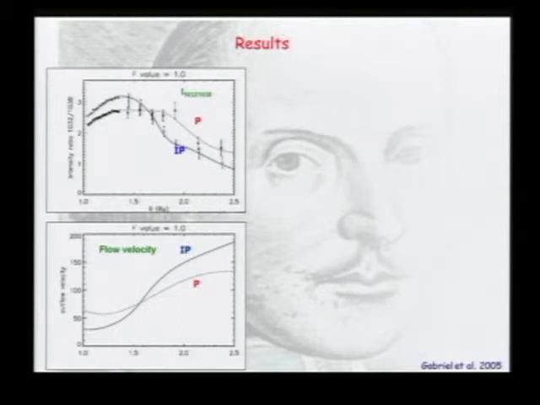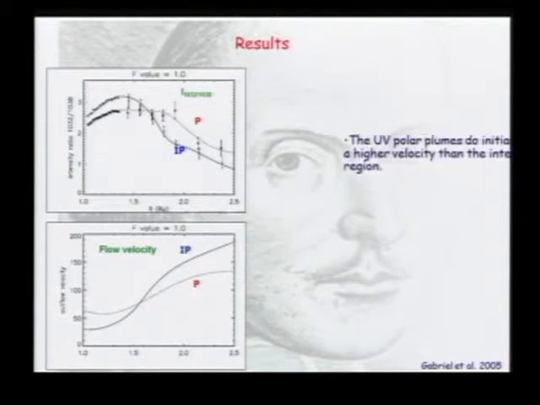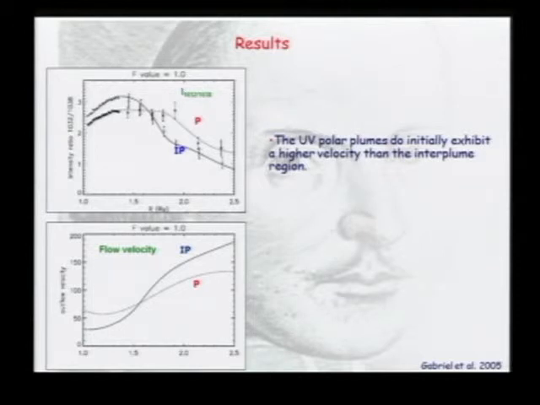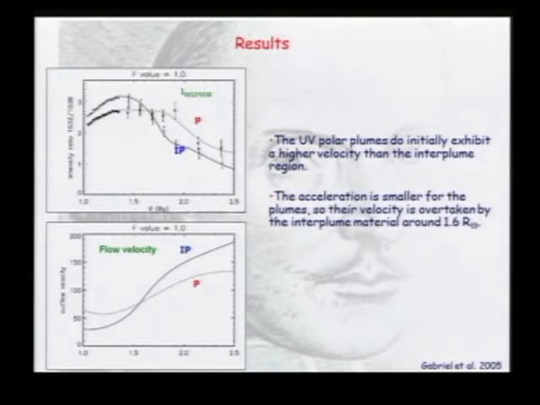The results, very briefly, because I have the second part of the presentation as well. We found that the UV polar plumes do initially exhibit a higher velocity than the Interplume region. The acceleration is smaller for the plumes, so their velocity is overtaken by the Interplume material around 1.6 solar radii.